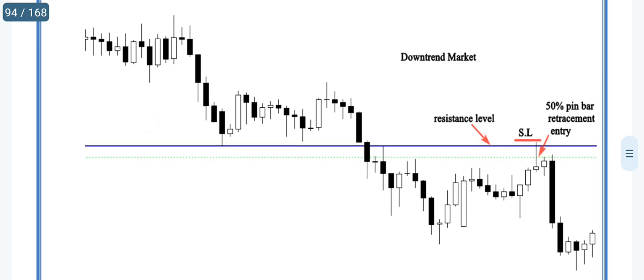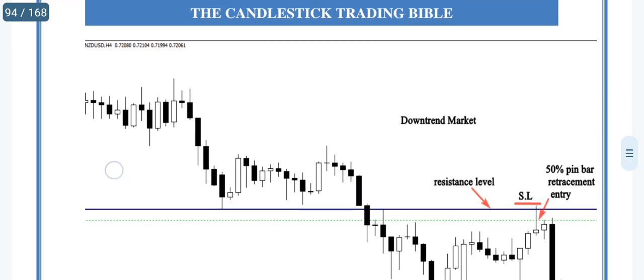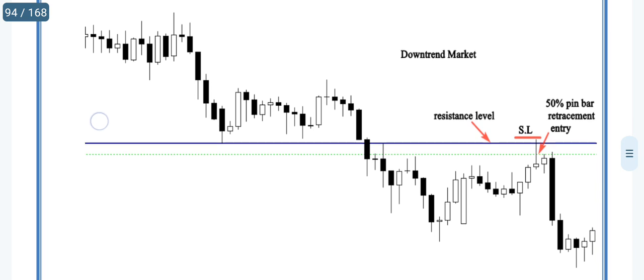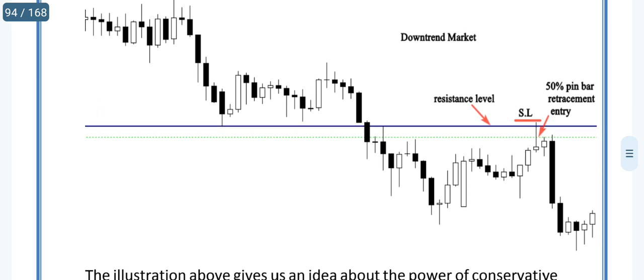But you can observe this in this illustration of a downtrend market. Of course, the market is in the downtrend, and we are seeing our resistance level. The stop loss is set at the top of the penny bar, and we are seeing a 50% penny bar retracement entry.